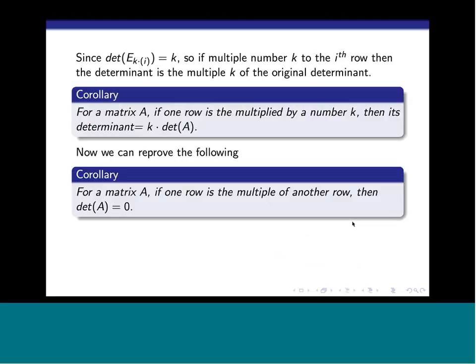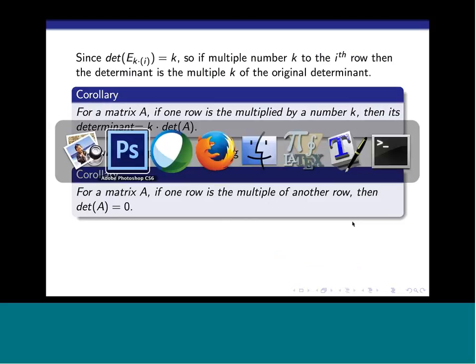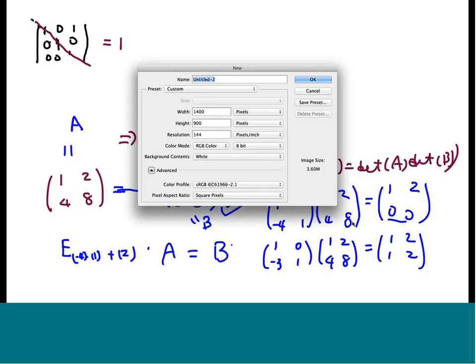There's another one: any row you multiply by a constant. For example, k equals 5, then it's just 5 on the diagonal.